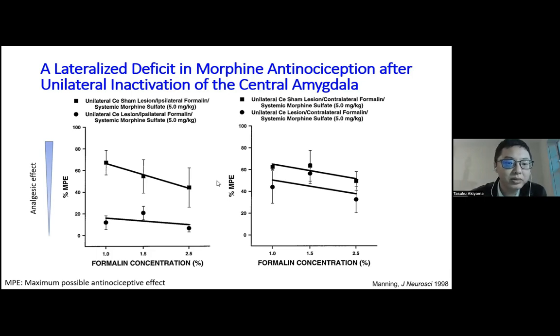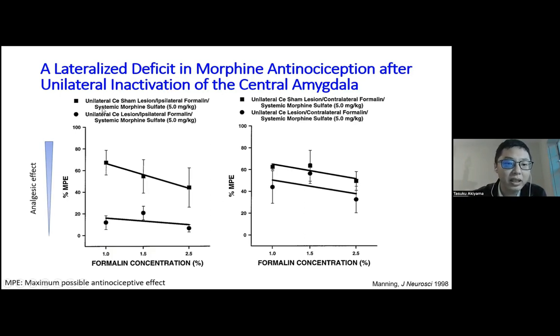So this is actually they inject the formalin to the paw to induce the pain, and then they inject the morphine to reduce the pain, and then they are showing the analgesic effect, how much analgesic effect there is by the morphine.